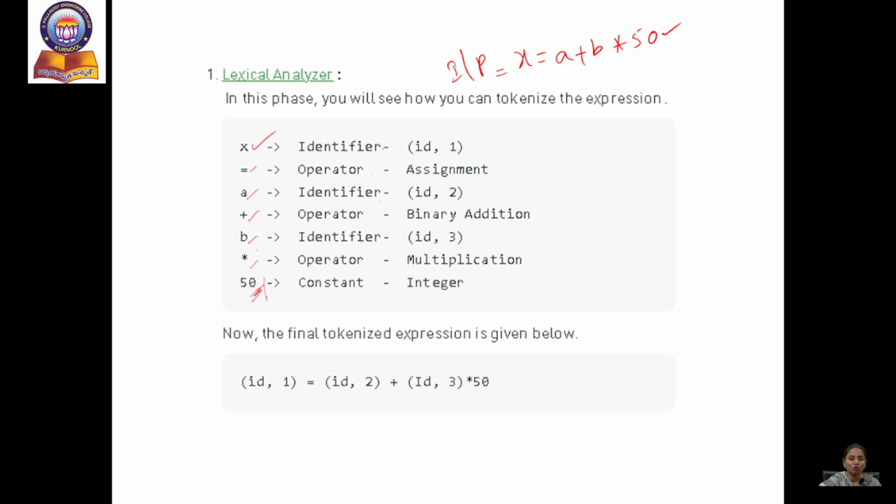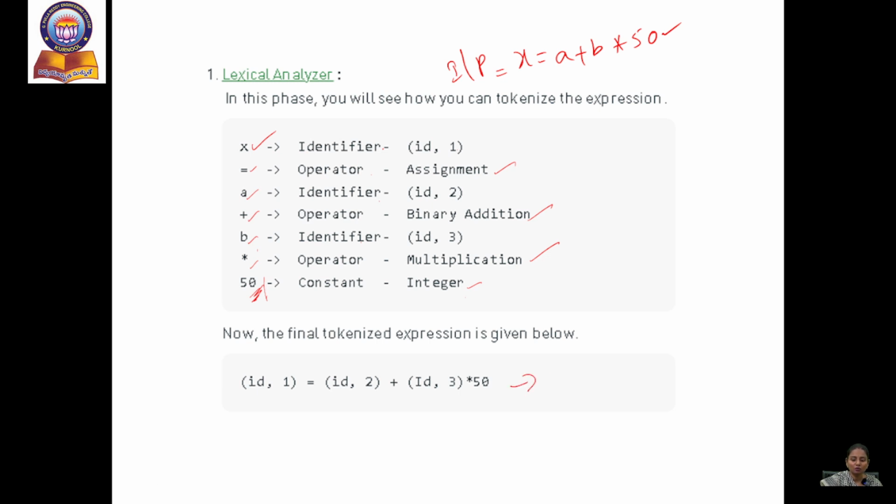The value we considered is a constant, which can be an integer or a decimal type. We have also taken assignment, binary addition and binary multiplication. Now the tokens have been identified, and these will be given as input to the next phase.